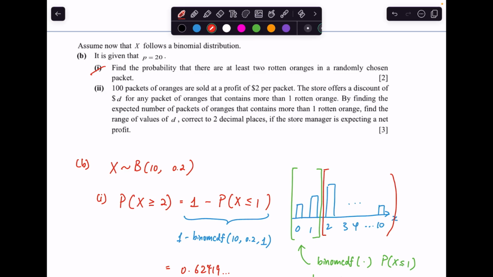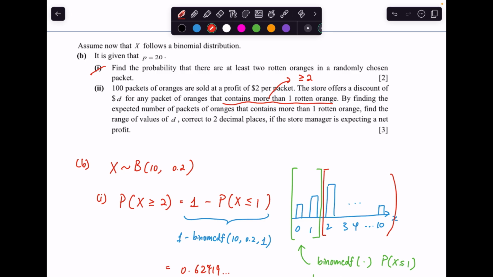In fact, more than 1 rotten orange just means more than or equal to 2, because more than 1 must be 2 onwards if you're talking about integers. By finding the expected number of packets of oranges that contain more than 1 rotten orange, find the range of values of D if they want to expect a net profit.